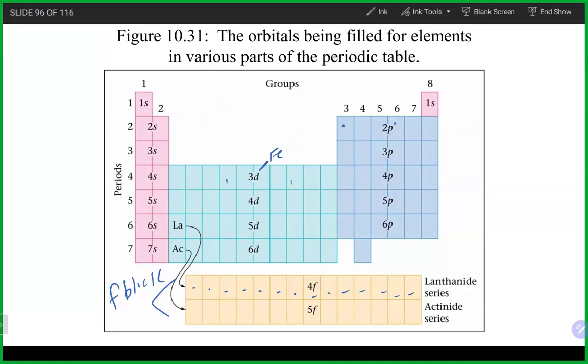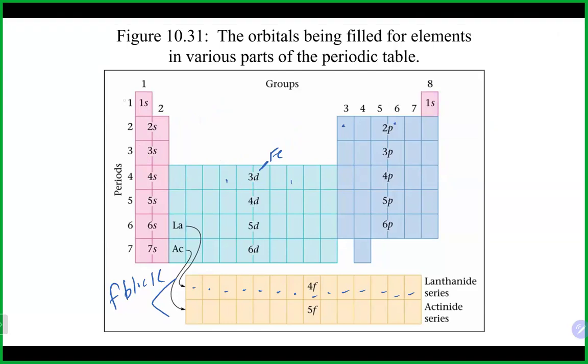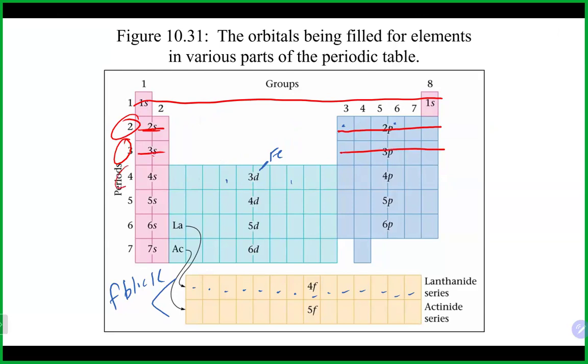If we started up on top again, this would be 1s2 to there, 2s2, equal to the period number is the n number, 2p6, 3s2, 3p6, 4s2, 1, 2, 3, 4, 5, and 6.